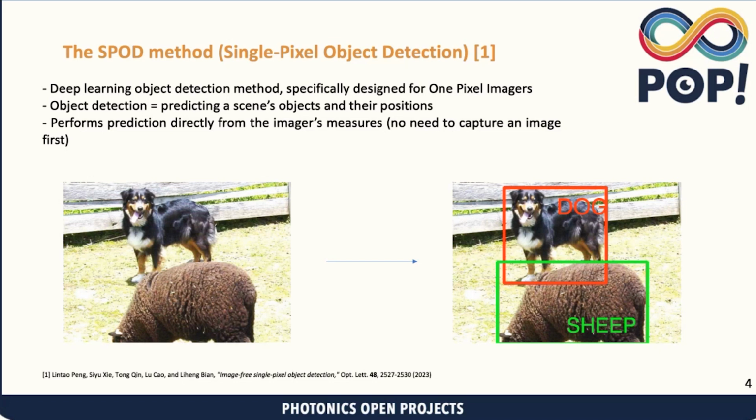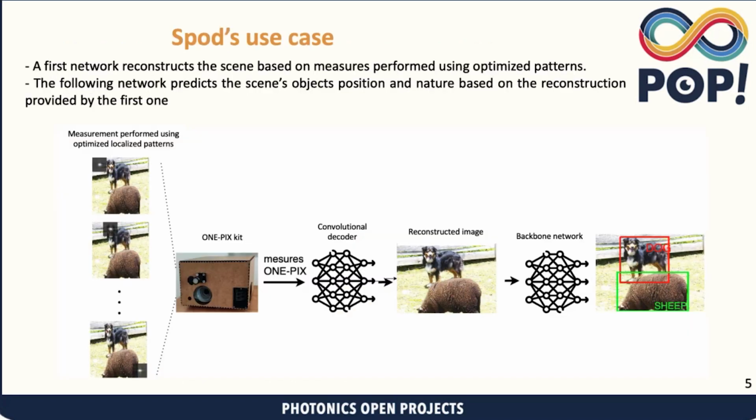It is a method that is specifically designed to work for single pixel cameras because it doesn't necessitate capturing an image to work. It works directly on the imager measures. So that's what we see on this slide. In the use case, we perform a classic measurement using optimized and localized patterns onto the scene.